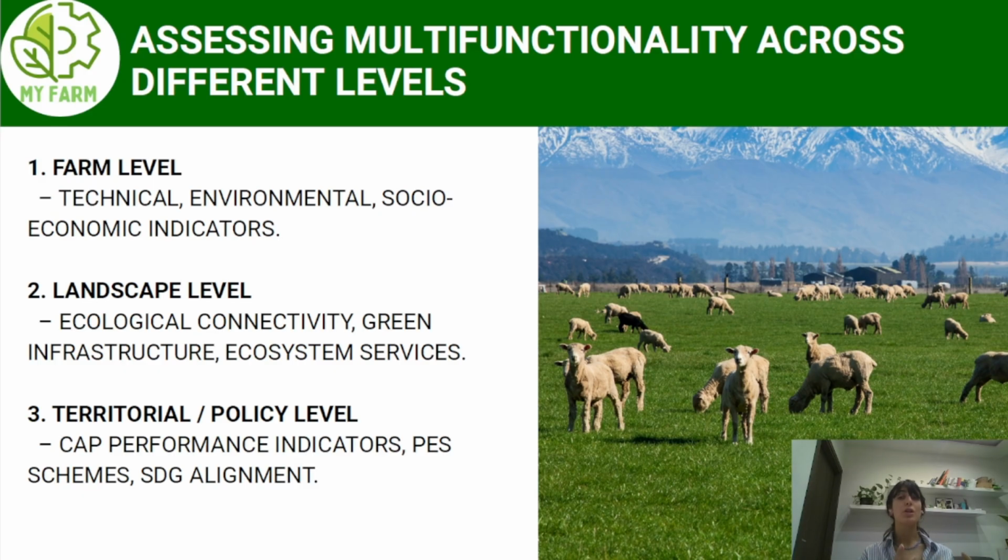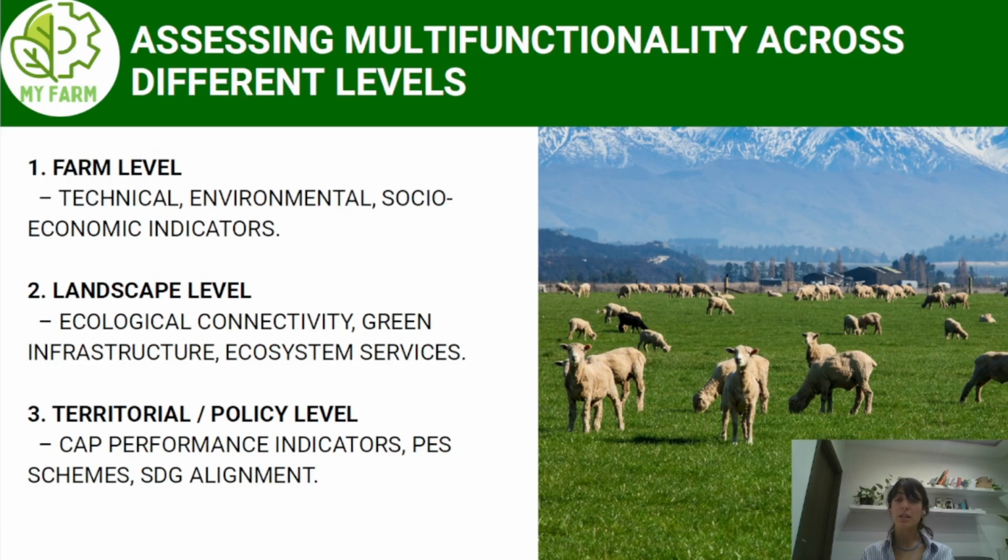Regarding the landscape level, multifunctionality does not emerge from farms in isolation. Landscape ecology studies show that many multifunctional outcomes depend on spatial interactions. At this level, we assess ecological fragmentation and connectivity, using metrics such as patch size, hedgerow networks, and habitat heterogeneity.